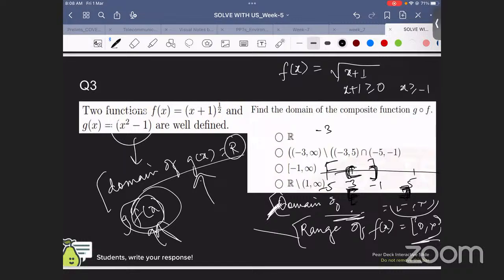Now you are left with -3 to infinity, and from there you are subtracting -3 to -1, right? So now you are left with -1 to infinity. Did you get the idea, or should I explain it again?